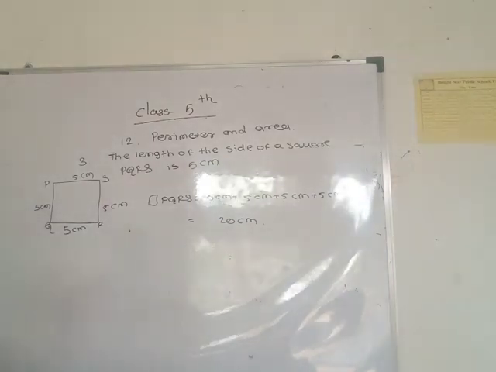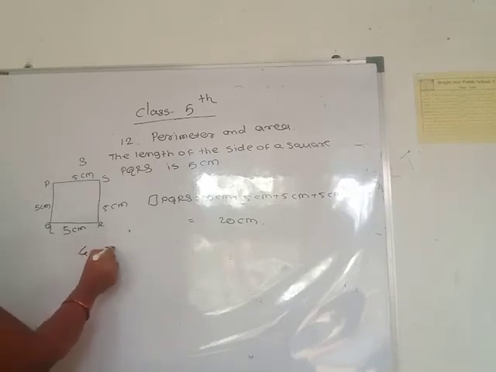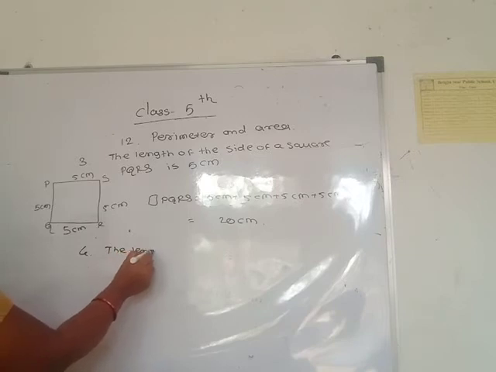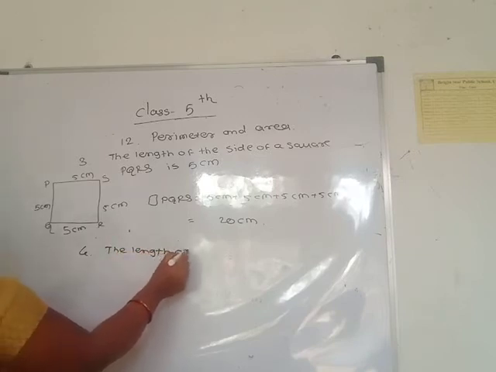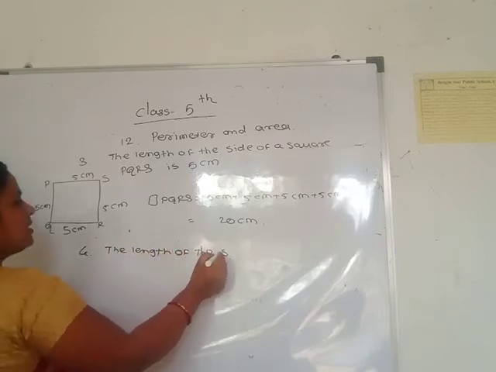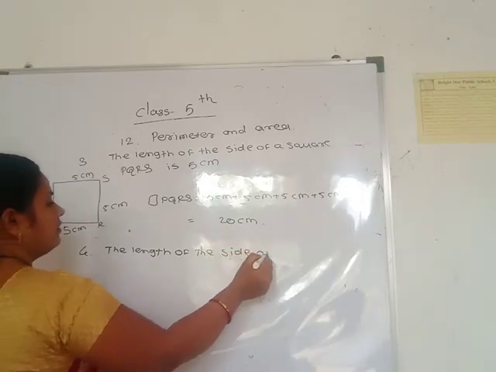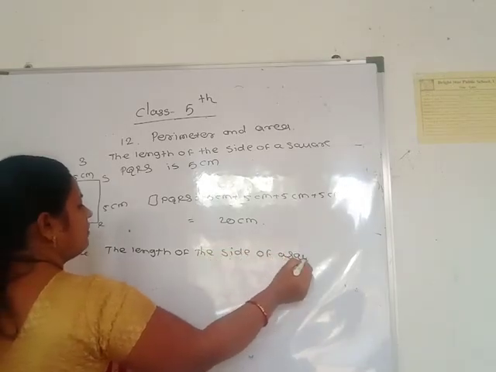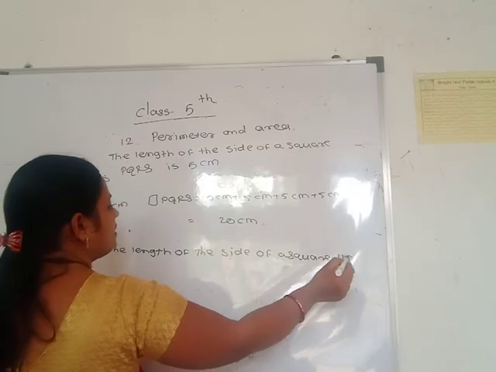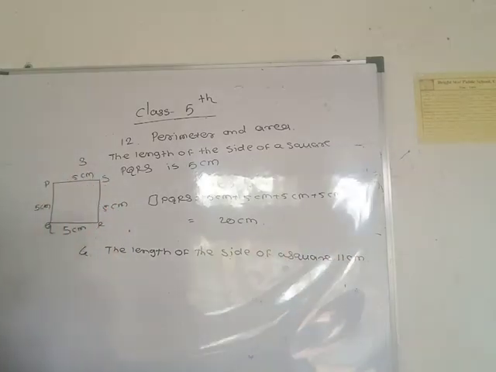Then, of this type, again one question in homework you complete. The length of the side of a square is 11 centimeter.